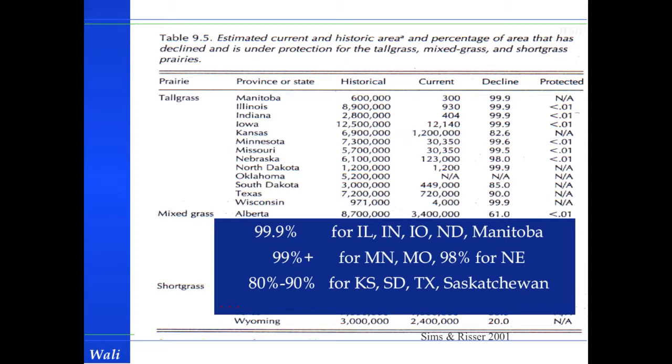And Alberta is somewhere here at about 61%. But these are the data of Sims and Paul Grisser, and they are excellent grassland workers. So add this also to the auditing of the disturbance.